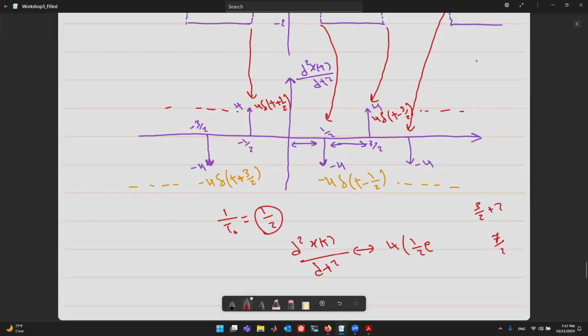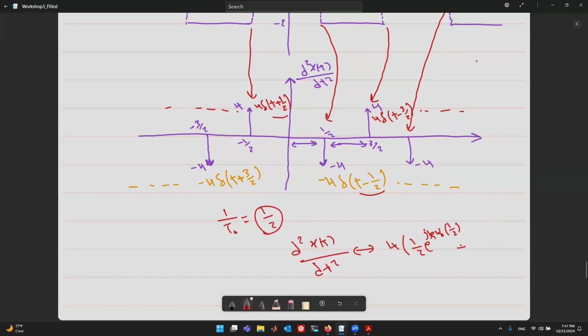This half is for an impulse train which starts at 0. But in our case, the impulses are shifted by half to the right and half to the left. So for the ones that are shifted to the left, we multiply the coefficient by e to the j k omega naught times 1/2, which is the time shift, from the time shifting property of the Fourier series.